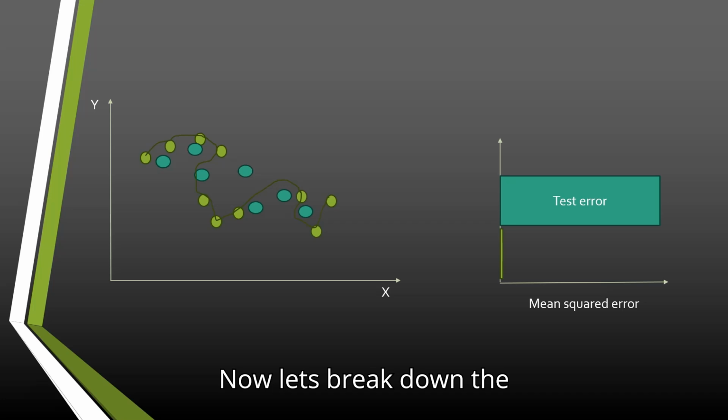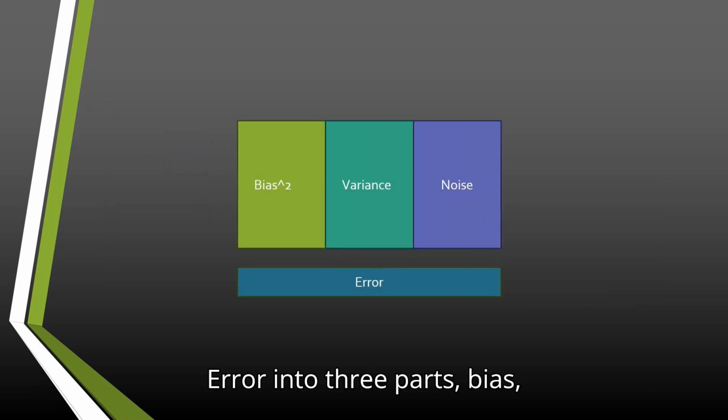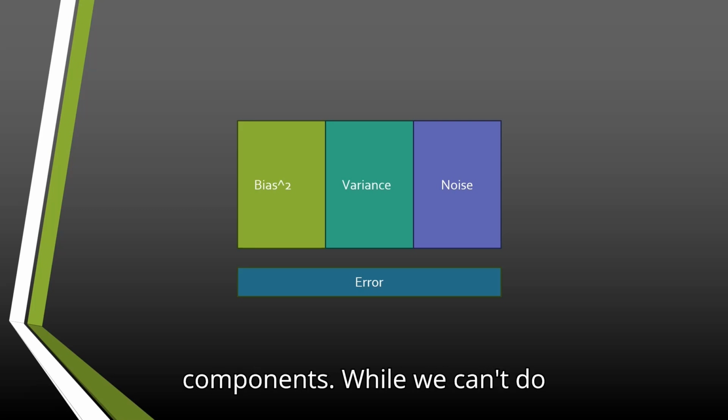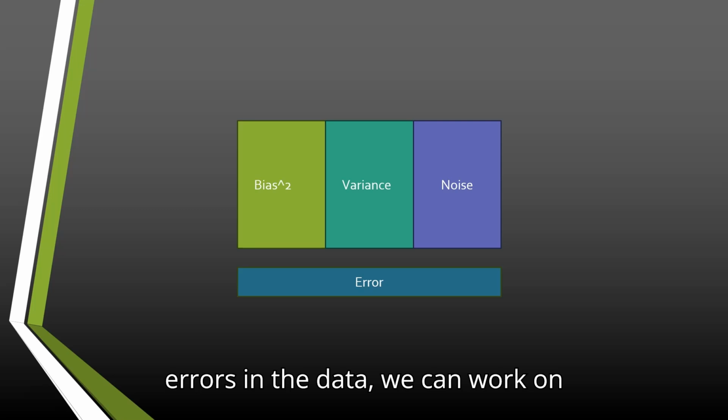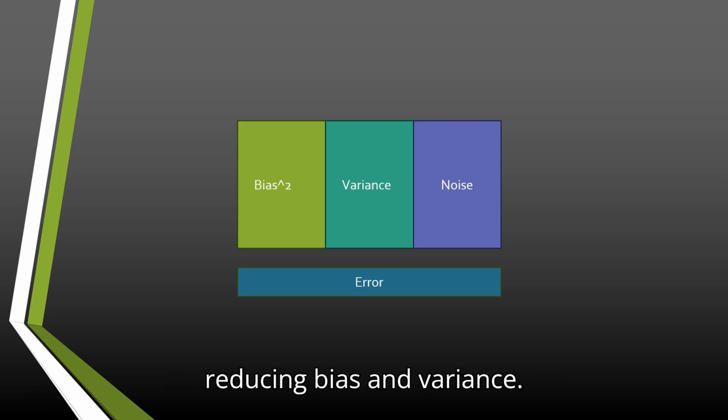Now let's break down the error into three parts: bias, variance, and noise. The total error is a sum of these three components. While we can't do much about the noise, which is random errors in the data, we can work on reducing bias and variance.